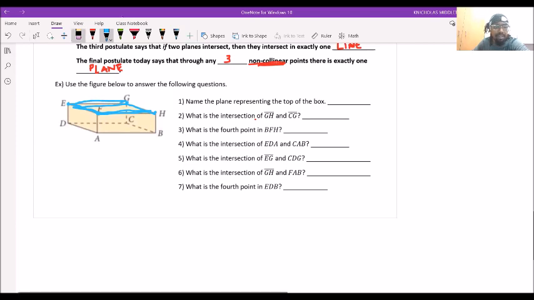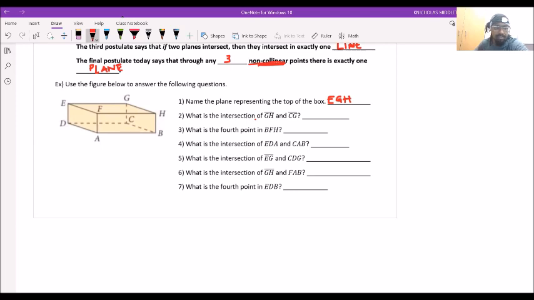And it's not going to be hard to be non-collinear because I don't think there are more than 2 that would be considered collinear. So we will name this plane EGH, for example. And that works out. You could have also named it EFH or FGH.